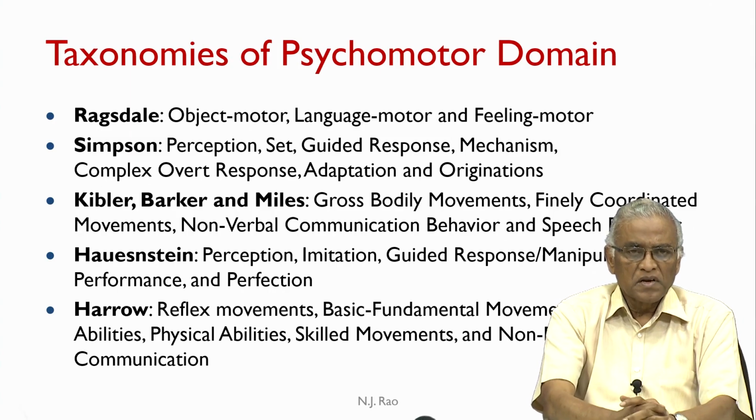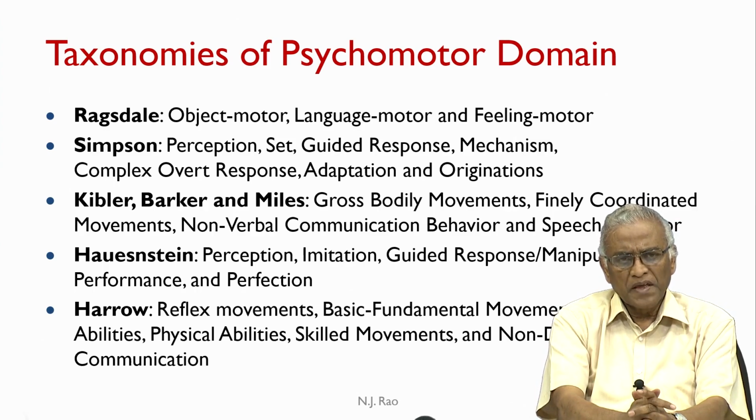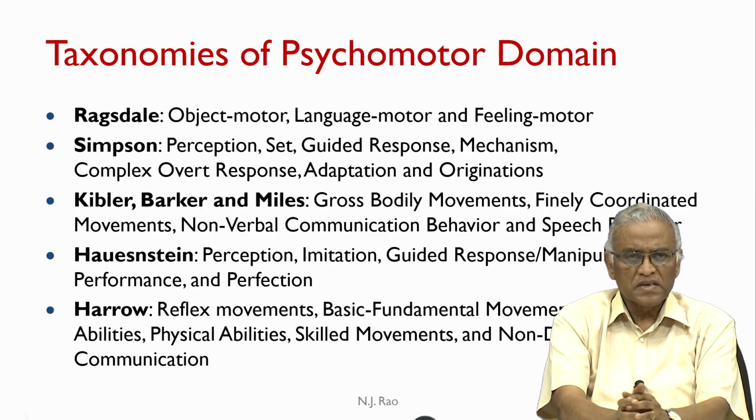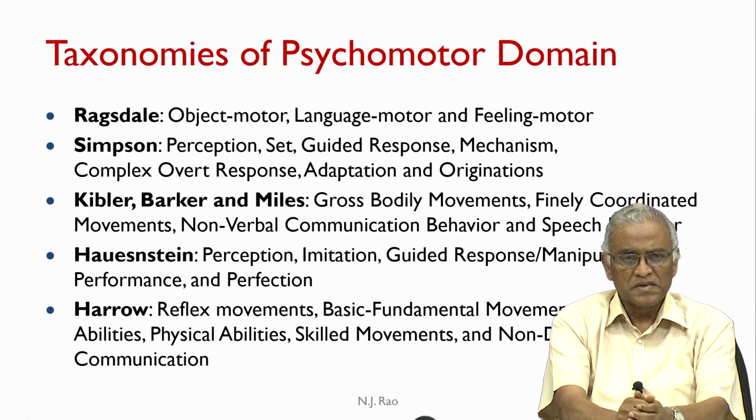For some historical reasons we do not have to go through, people did not pay that much attention to the taxonomy of the psychomotor domain, but yet you have several taxonomies presented.